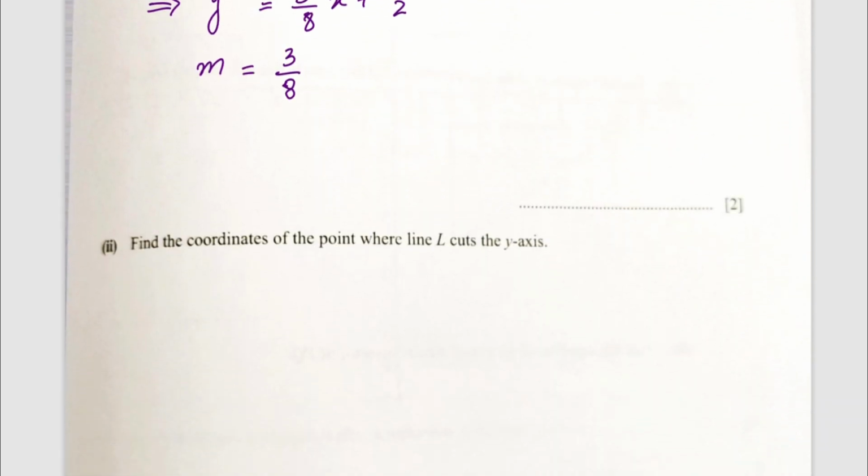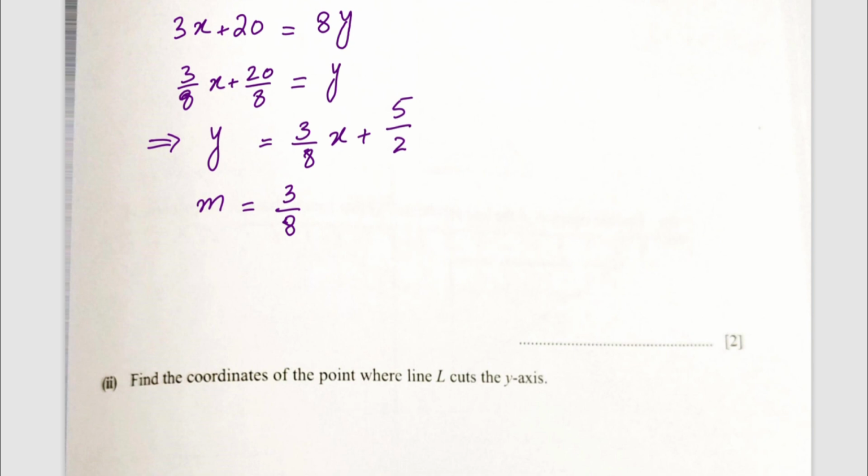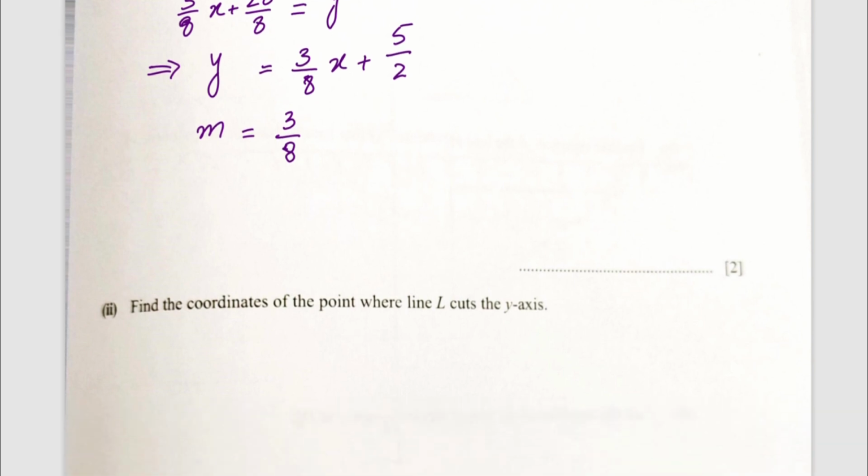Now find the coordinates of the point where L cuts the y-axis. When L cuts the y-axis, at the y-axis, x is always 0. So if x is 0, it means that in the above line, we replace x by 0 and we will get the value of the y coordinate.